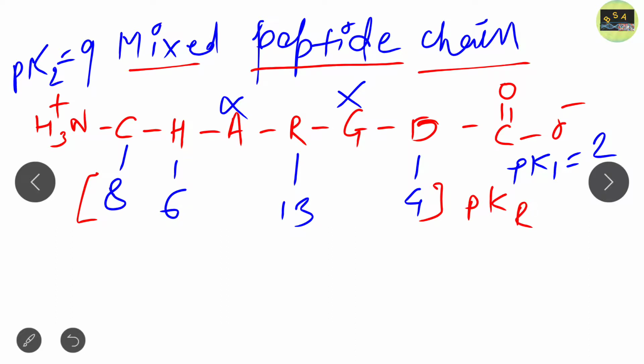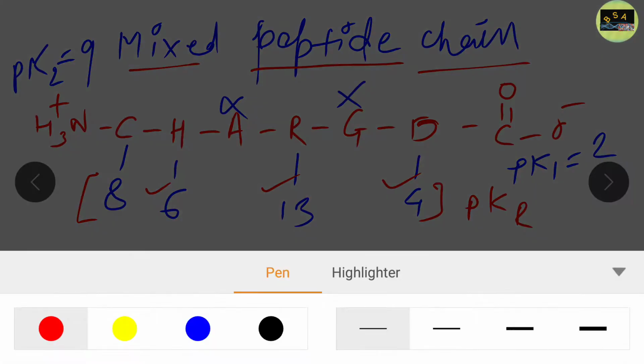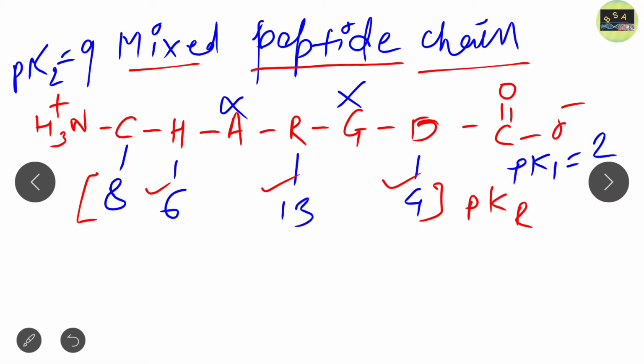The pKr value of cysteine is 8, of histidine is 6, of arginine is 13 as it is a basic amino acid, and of aspartic acid, the acidic amino acid, is 4. So in this case, how to calculate pI? First of all, you have to calculate here the charge at pH 1.